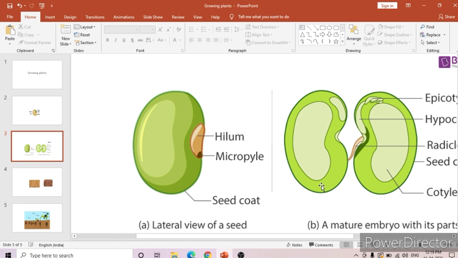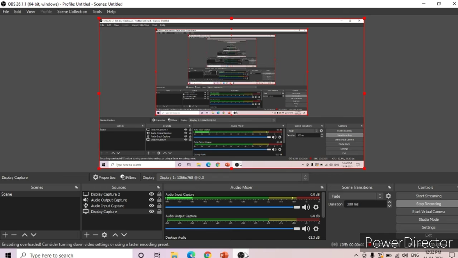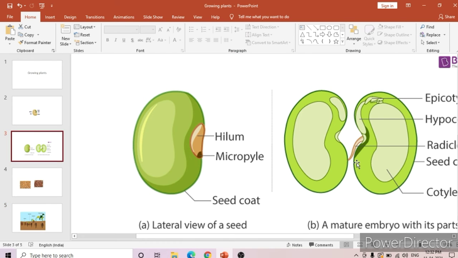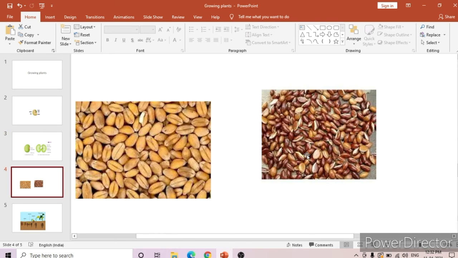Radicle, root. So from the radicle, the root system develops, and from the plumule, the shoot system develops.